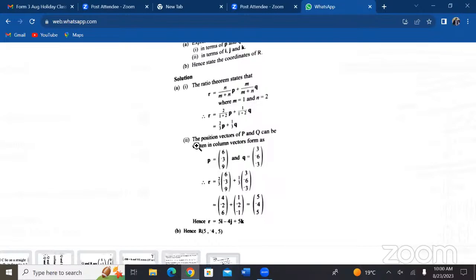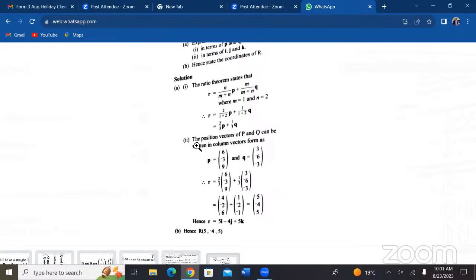Concluding that R will be given as 2 over 3 of P and 1 over 3 of Q. Now that was the first part, expressing R in terms of P and Q.